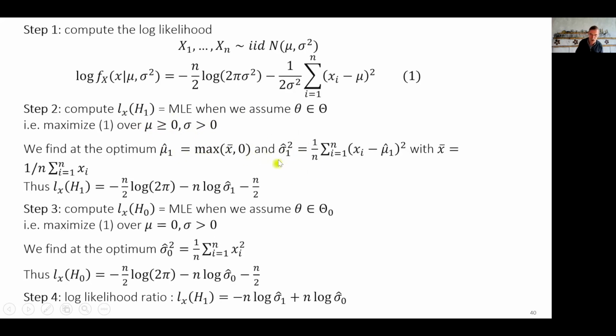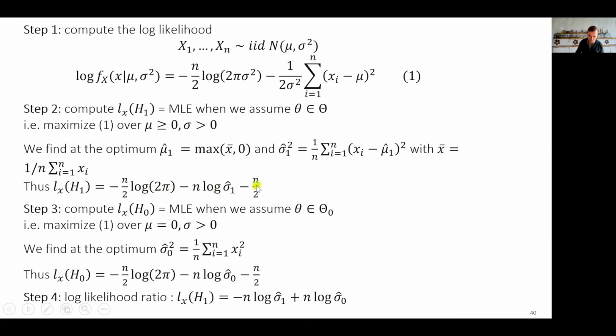And the sigma estimate is given by the mean square error with respect to the estimated value here. It's not entirely obvious, but you have in the lecture notes all the technical details to do the computation. It's all elementary. Therefore, if I plug those values of mu1 hat and sigma1 hat into this, I find the log likelihood under the global model to be this.